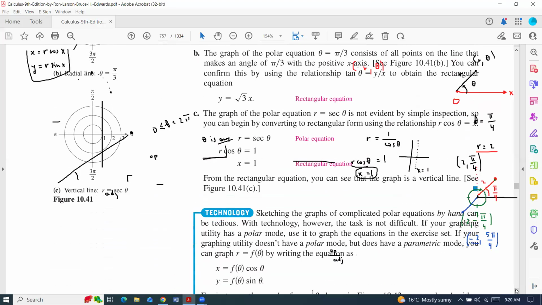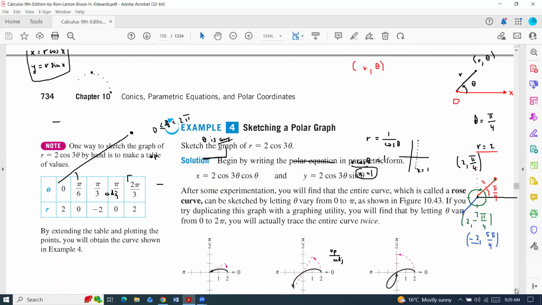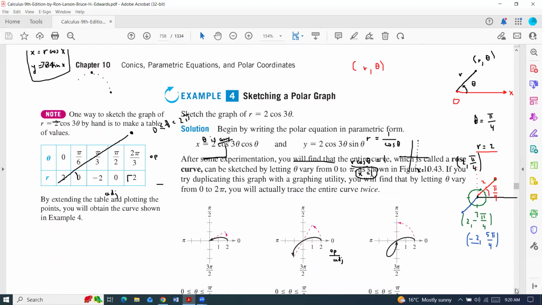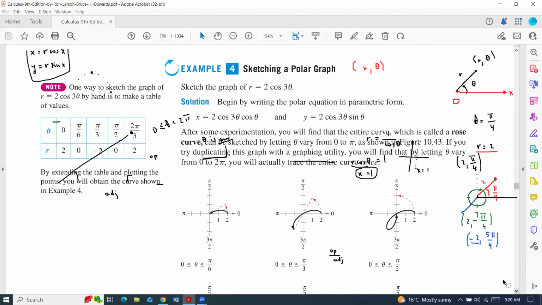So for regular graphing in terms of polar coordinates, it turns out they usually utilize some trig functions.